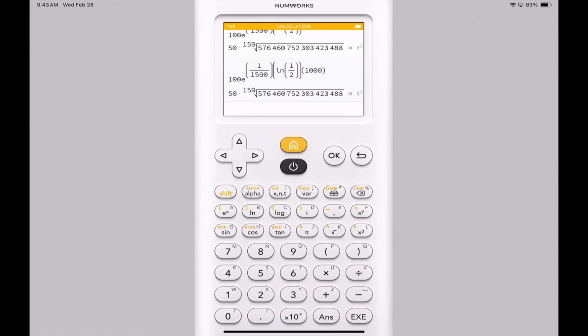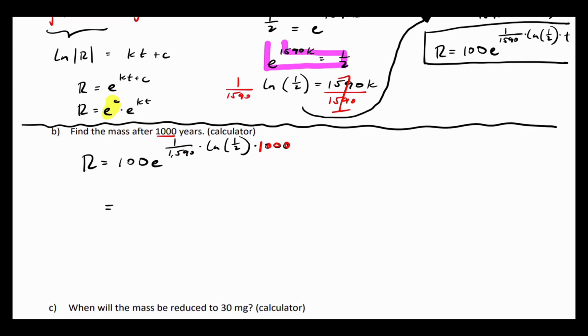Are you guys able to see what it is? The decimal part? Yeah, scroll down. Oh, there we go. Yeah, thank you. So we got a decimal. It's okay. Unless they tell you how many places, I usually go 3 places. So 64.666. It's going to be milligrams.